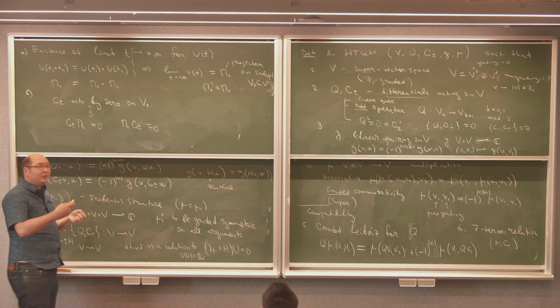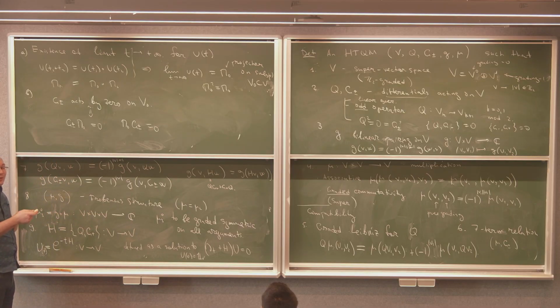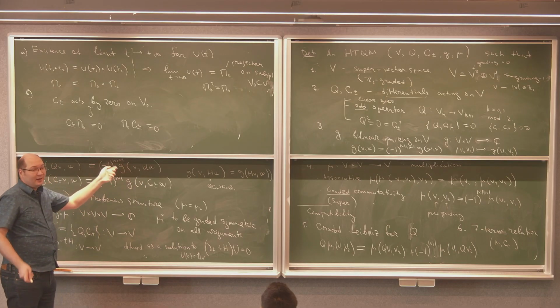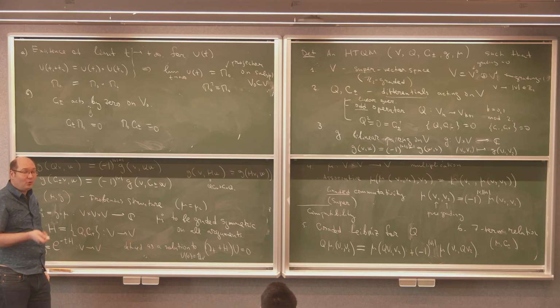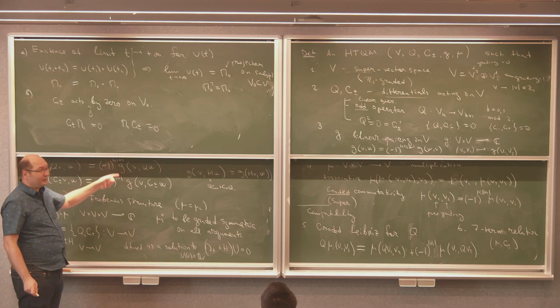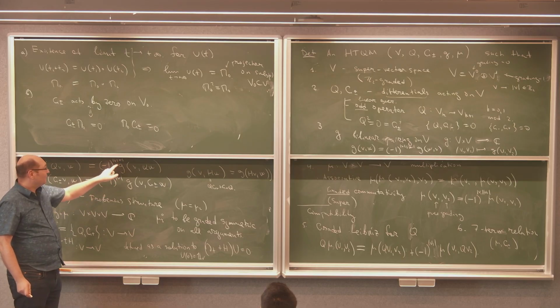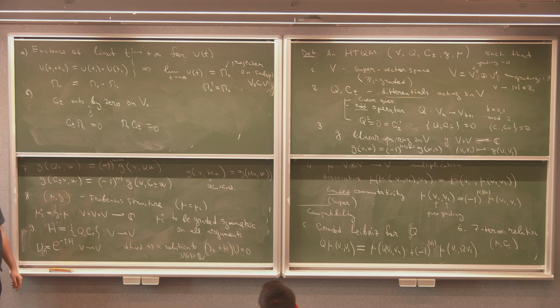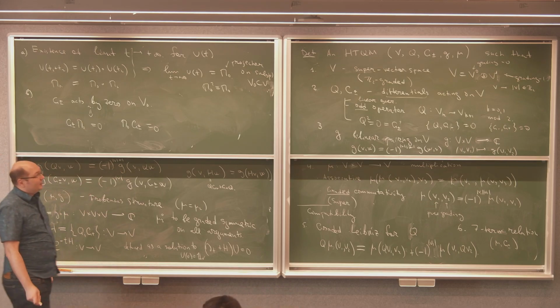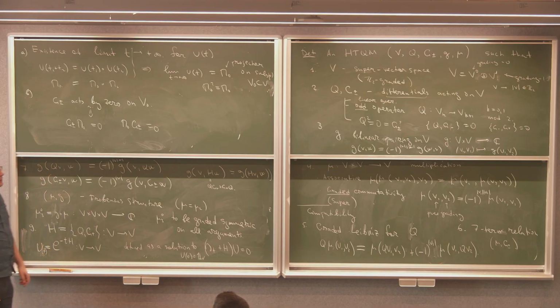So its parity is the parity of V plus 1. But when we flip G plus, we flip it on top of vector V, so there is no shift by plus 1. Therefore, in order to cancel these signs, we need to have a relative minus sign between Q and G plus.